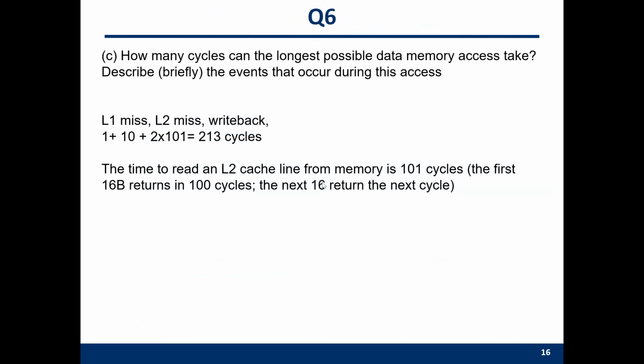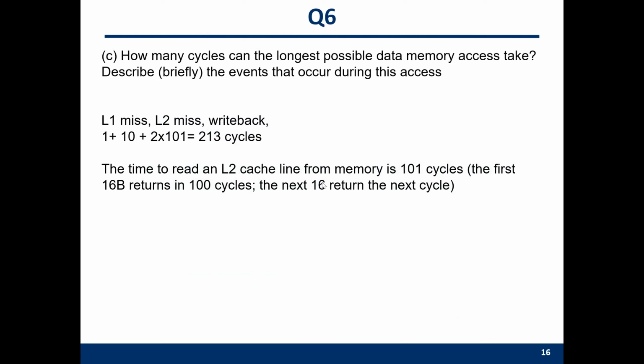Part C asks how many cycles the longest possible data memory access can take, and to describe the flow during this access. Describe what will happen in this longest data memory access.